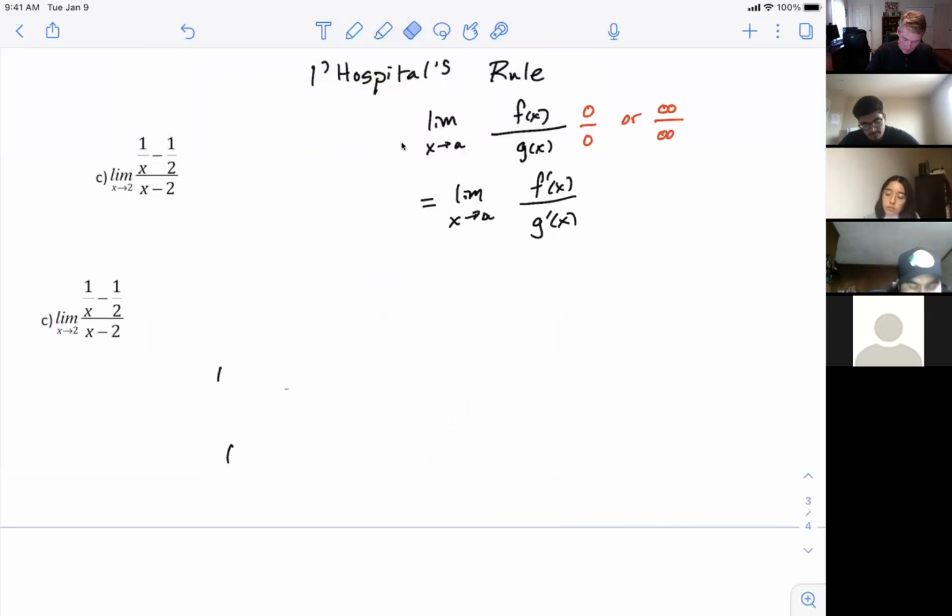Okay, so then when you use L'Hopital's rule, you should either write down that the whole thing, I'm using L'Hopital's rule, or I just put the abbreviation.